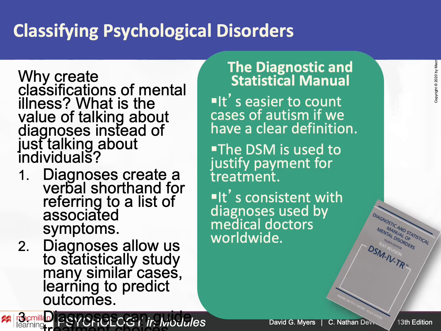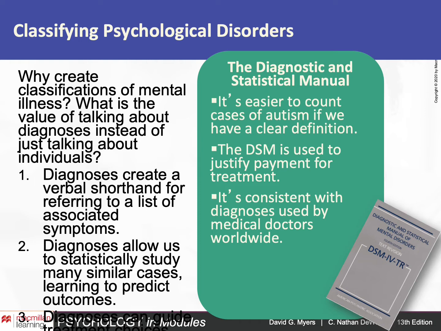Okay, so again, the way that clinical psychologists go about diagnosing psychological disorders or classifying them is they use something called the Diagnostic and Statistical Manual. So this is abbreviated as the DSM, and we are currently in our 5th edition of the DSM.